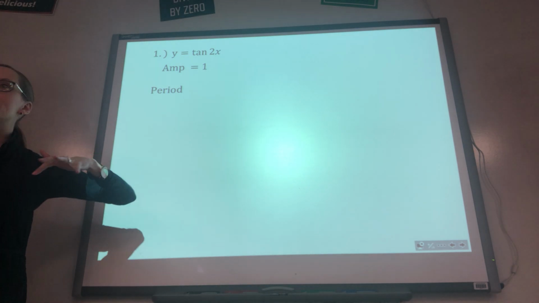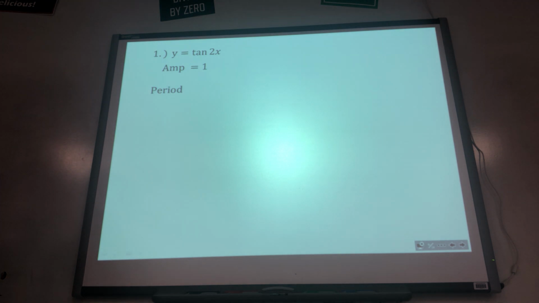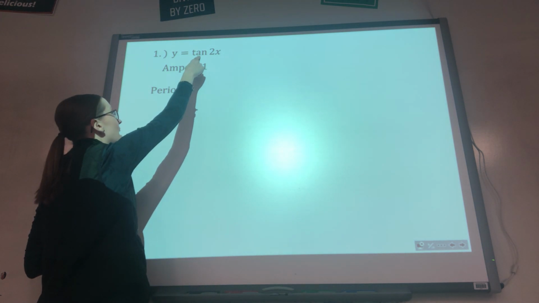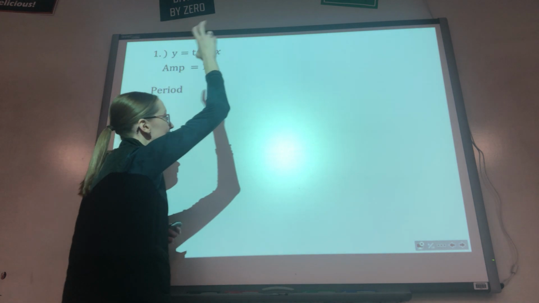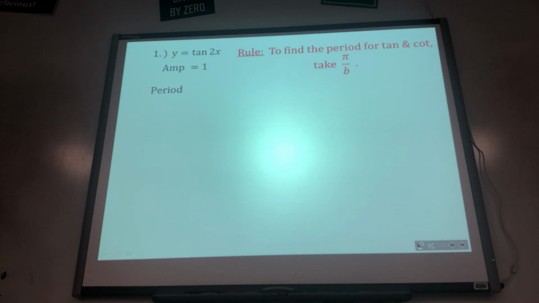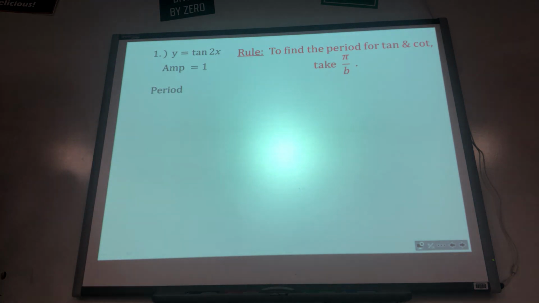With sine and cosine, to find the period, we took 2 pi divided by b because the period of the parent graphs was 2 pi. Well, the period of these parent graphs is just pi. So I'm putting that together kind of as a rule over on the side. To find the period for tangent and cotangent, you don't take 2 pi divided by b.